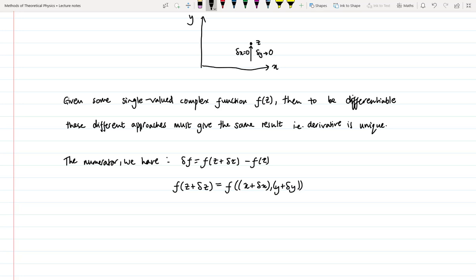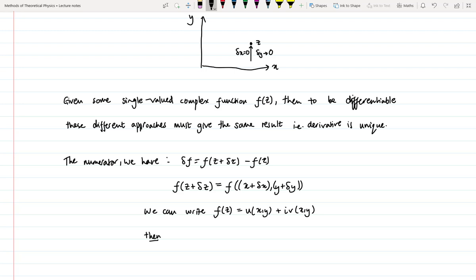We also know that we can split up the complex function into its real and imaginary parts given by real functions u and v. So we can write f of z as its real part, u, and its imaginary part, v, that we saw in the previous video.